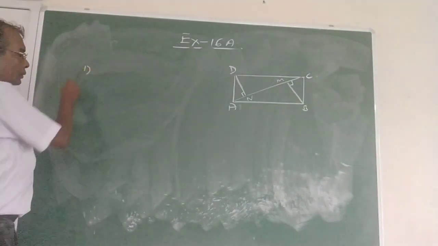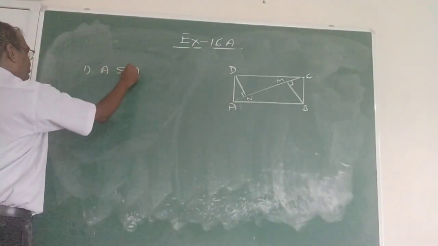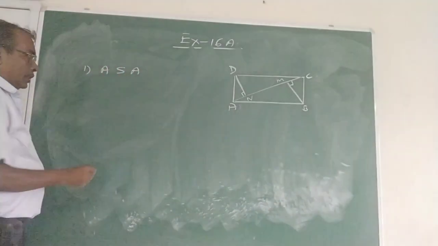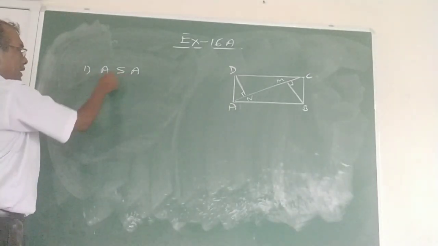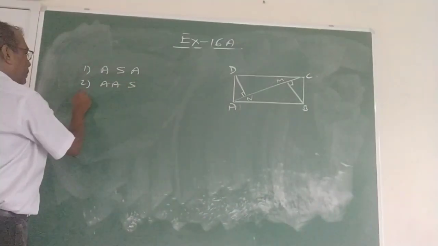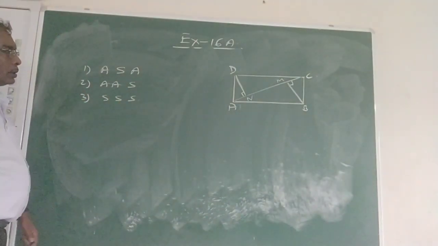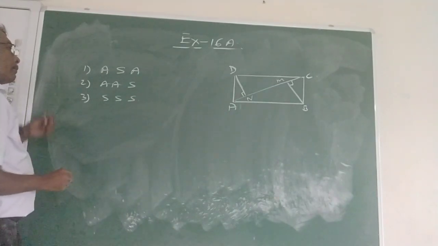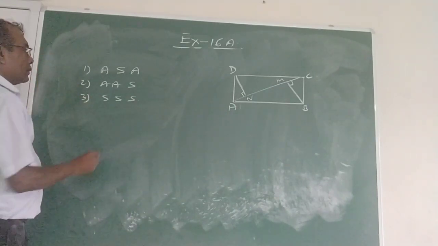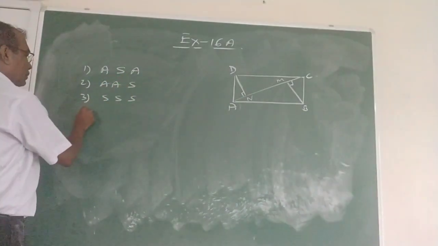Number one, two triangles are said to be congruent if this thing is happening: angle side angle, ASA. Number 2, AAS. Number 3, SSS.